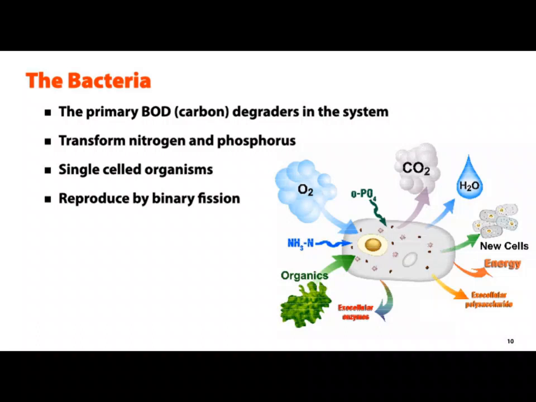So a bacterium, if it has all that it needs, in just a little bit of time, it's going to make another one. So it's going to duplicate its chromosomes, split up its important cellular parts, and away you go. So 1 becomes 2, 2 becomes 4, 4 becomes 8, and this is what we would call logarithmic growth, and you can go from 1 cell to 1 million in a very short period of time.